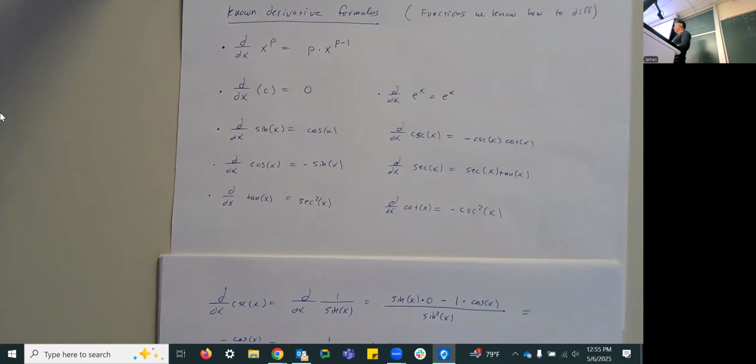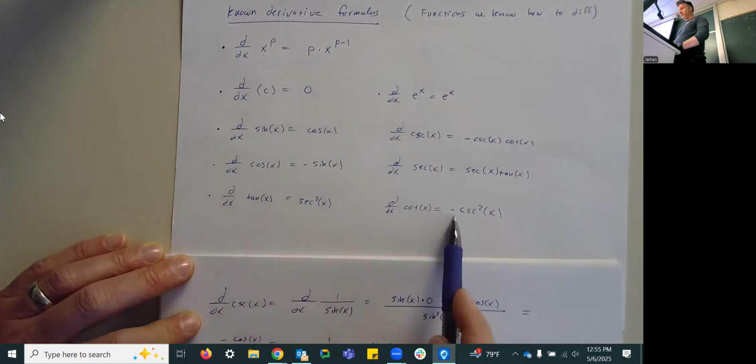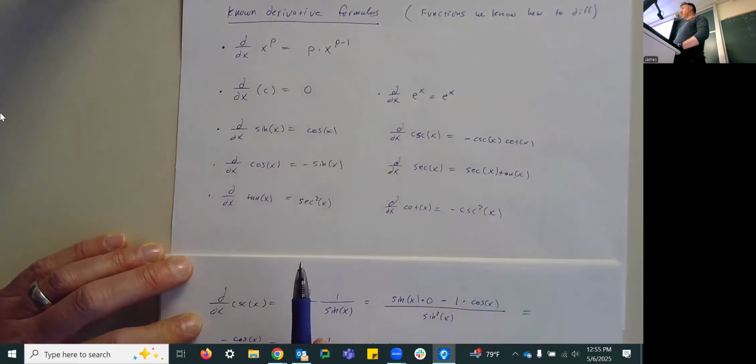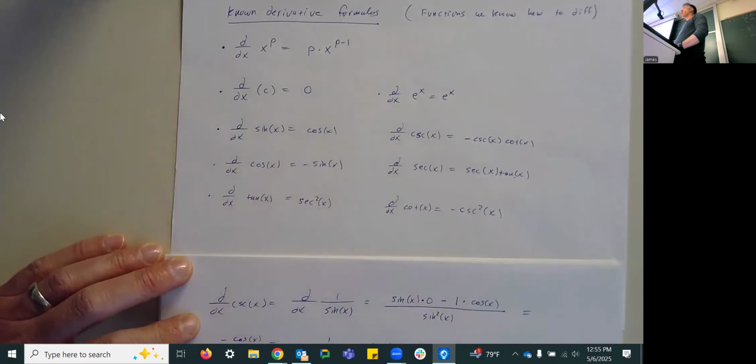So I'll say it again. Each cofunction, cosine, cotangent, and cosecant, has a negative derivative. The non-cofunctions, sine, tangent, and secant, have positive derivatives.